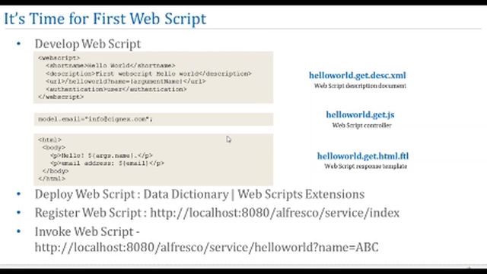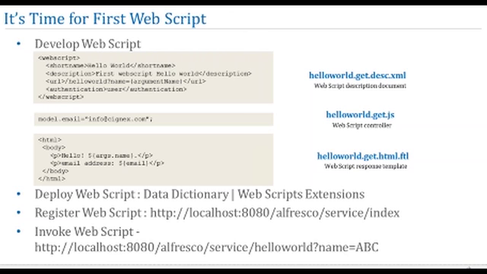So once we have developed these three files, we need to deploy them. As we are developing a simple web script, we'll deploy it directly into the Alfresco repository. In the repository, you can place these files under the Data Dictionary, Web Scripts Extensions folder.